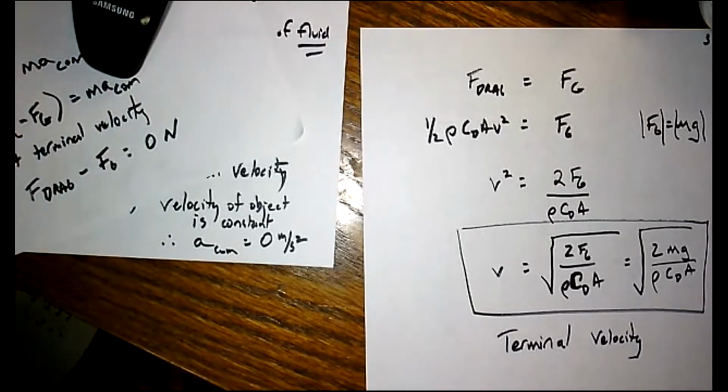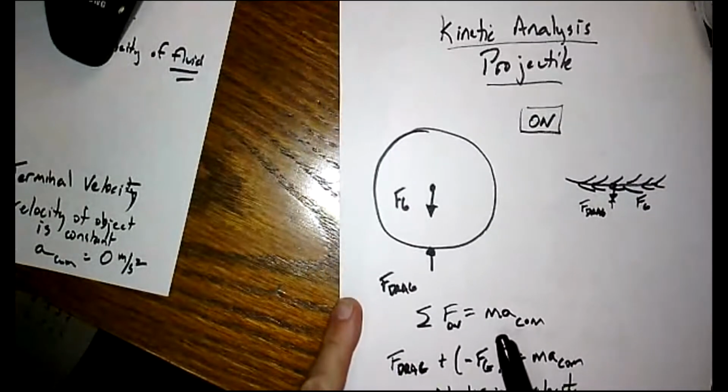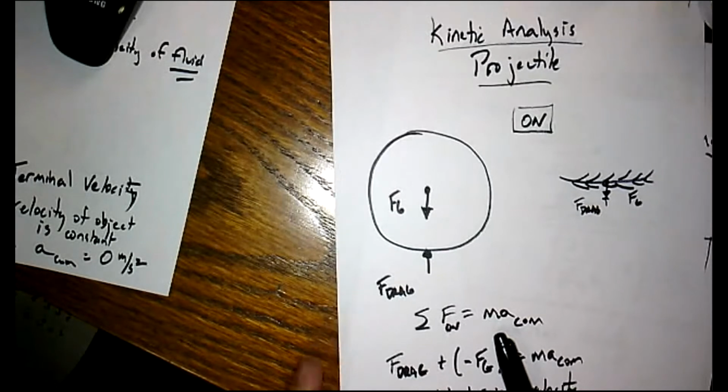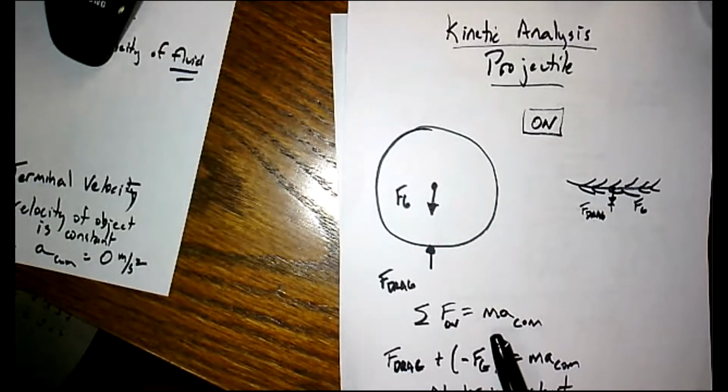One of my favorite physics profs, Van Dam, back at Buff State, said, yeah, you can bring in an equation card, but you can only write one equation on that card. And he said that equation just needs to be the sum of forces acting on the object equals ma, mass times the acceleration of the center of mass of the object. You can derive almost all your equations off of this, and he was pretty correct for the most part.